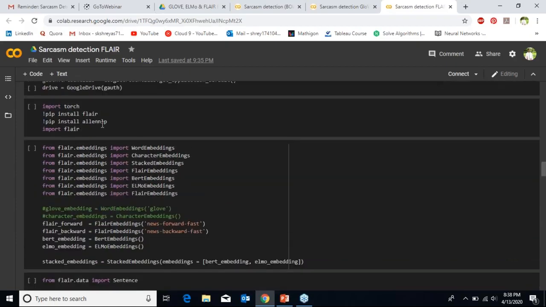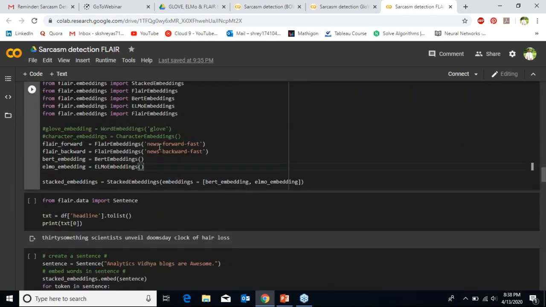Here you can see the FLAIR API has been imported, and I have used PyTorch for this. These are the list of embeddings that can be extracted from the FLAIR API: character level, stacked embeddings, FLAIR, BERT, ELMo. In FLAIR embeddings, we have two separate ones, FLAIR forward and FLAIR backward.